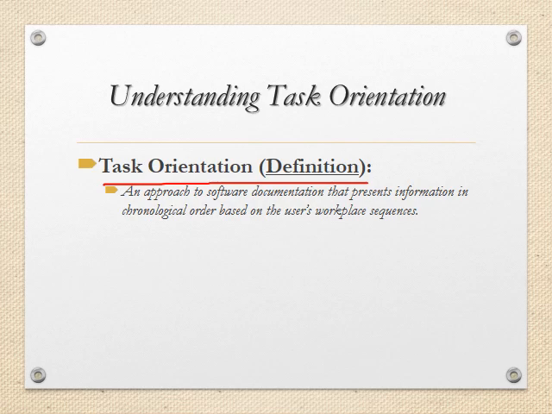Task-oriented documentation consists of manuals and help systems that reflect a real user and human forms. The process requires that you analyze the user in his or her work environment to discover the activities within the software program and where the manual fits. So it's an approach to software documentation that presents information in chronological order based on the user's workplace.